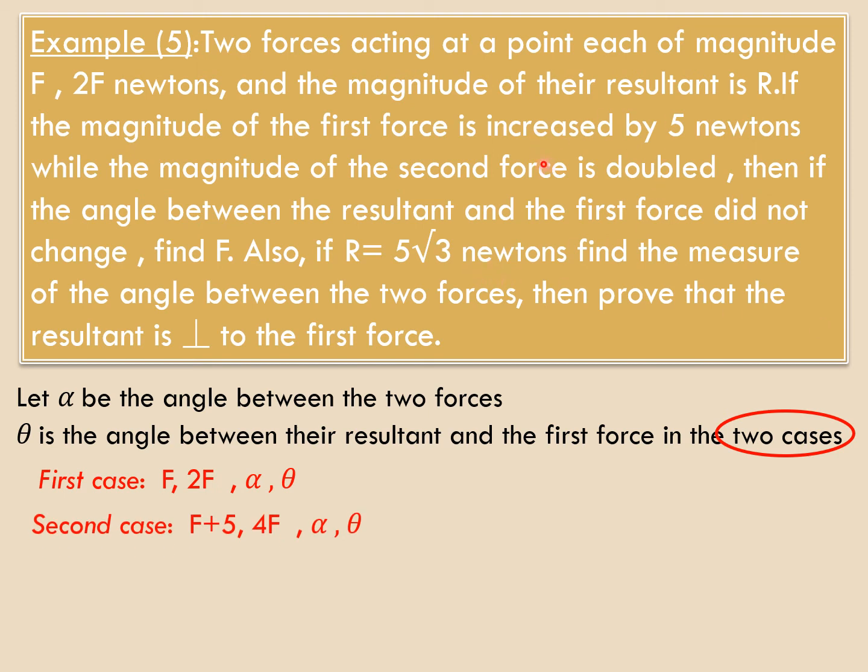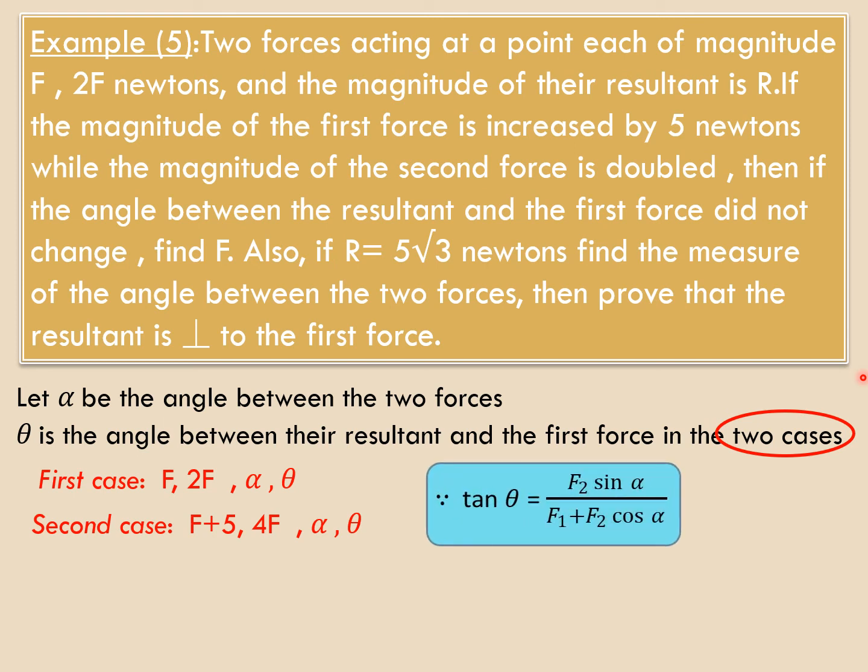In the second case, the first force is increased by 5 newtons and the magnitude of the second force is doubled. So F will be F plus 5, and 2F doubled will be 4F. The angle between the resultant and the first force didn't change, so theta is constant, and alpha is constant.